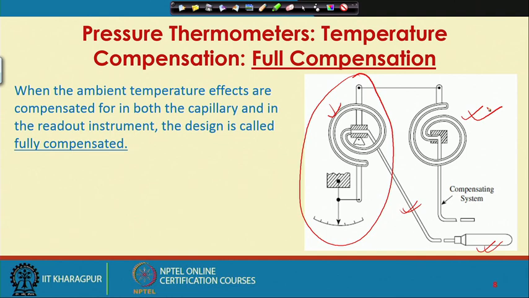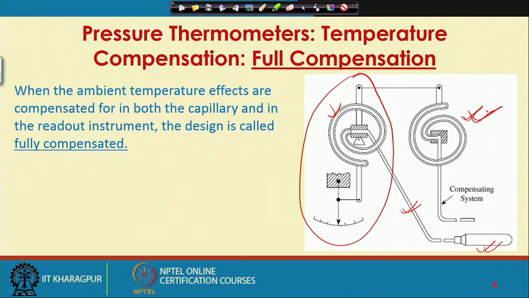So, I basically have two pressure thermometers and they are connected in opposition. This one I call the compensating system, and this is exposed to the surrounding medium only. It is not exposed to the medium whose temperature I am measuring.